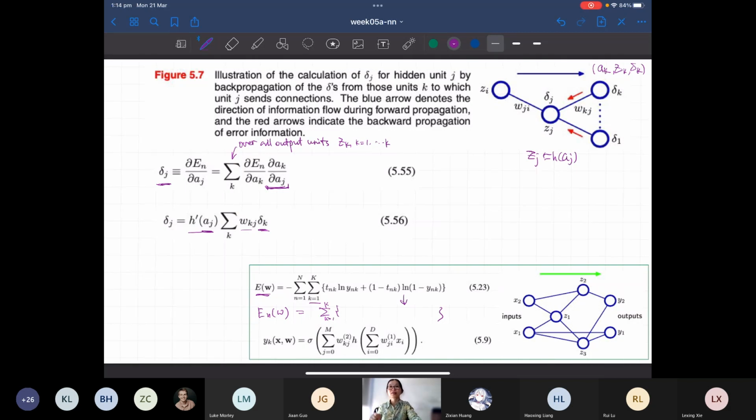And of course, this relied on the original definition of this 2-layer network. So that's it. This recursion just says we wanted to compute this delta, and we now end up with the delta of the next layer. And if we have more layers, we can just keep going, right?